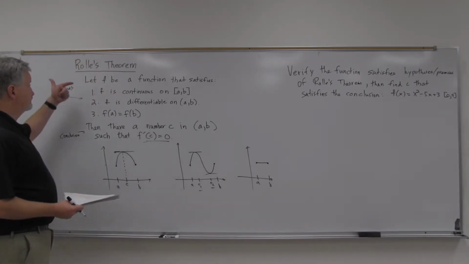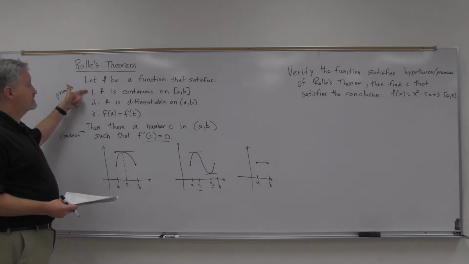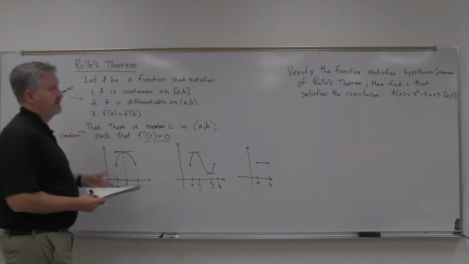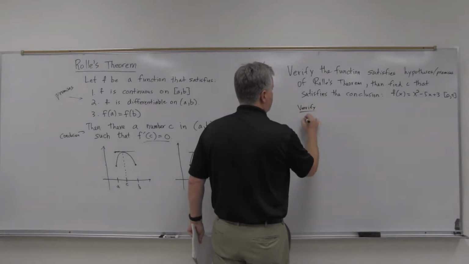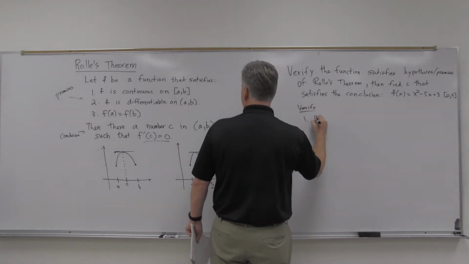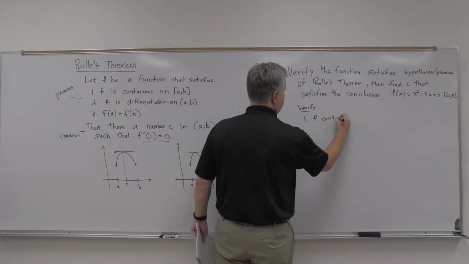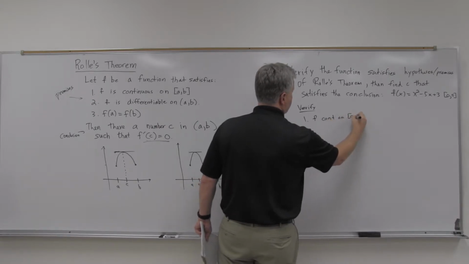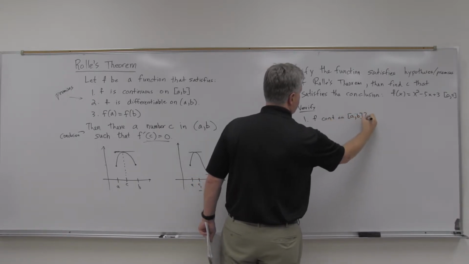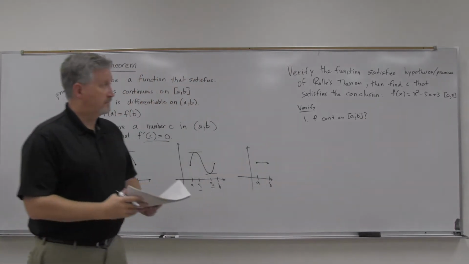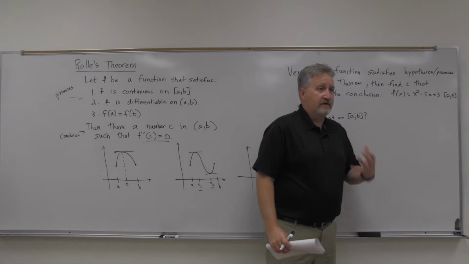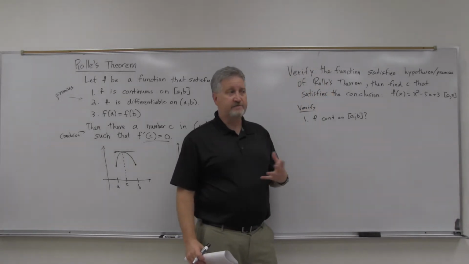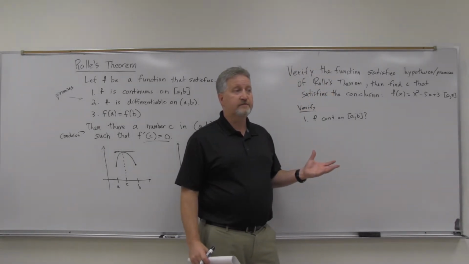Okay, so we've got to look at all three. So here's our verify. Number one, f continuous on [a, b]. Well, is that the case? Again, think about continuity. Continuity just means there's no jumps or breaks.